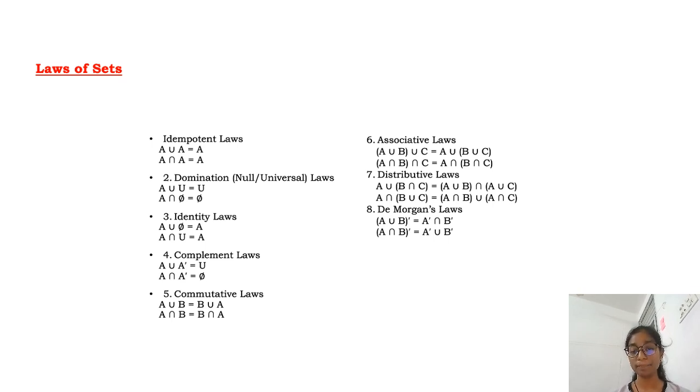(A intersection B) whole bar equals A bar union B bar. Here in De Morgan's, we can observe that the bar over A union B is distributed so that A becomes A bar and B becomes B bar, and union is represented as intersection. This is about De Morgan's law.